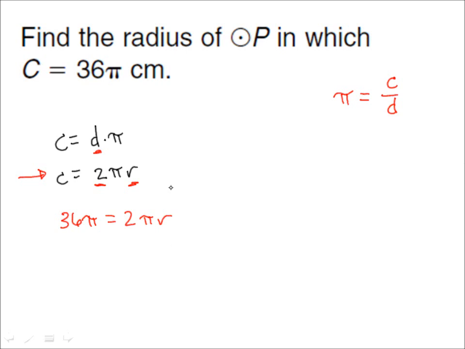Since this is the variable I'm solving for, I'm going to divide both sides by 2 pi. And pi divided by pi, of course, is just 1. And 36 divided by 2 is equal to 18. So I know that the radius is equal to 18, and the units would also be centimeters.